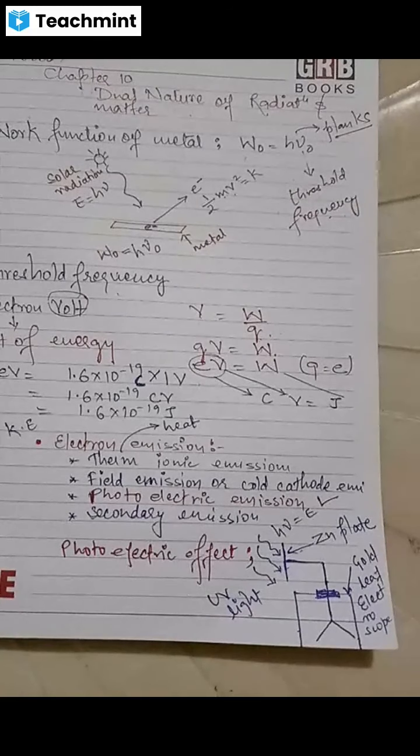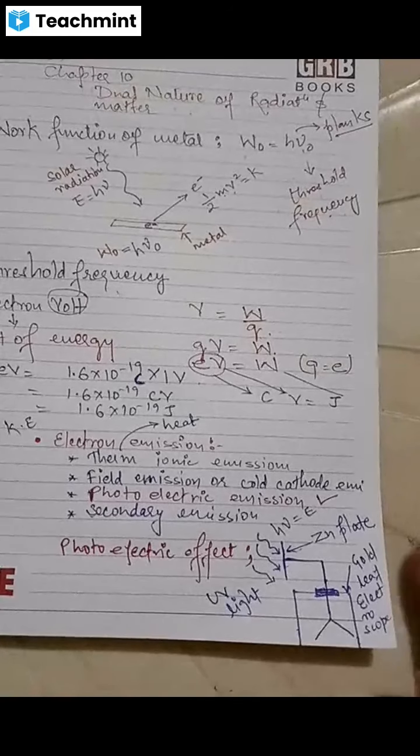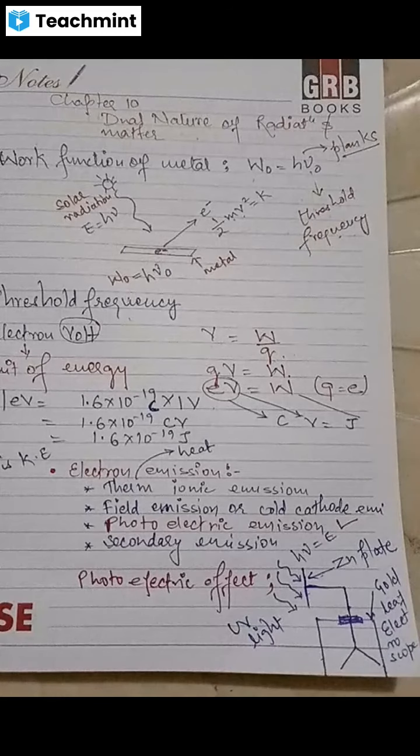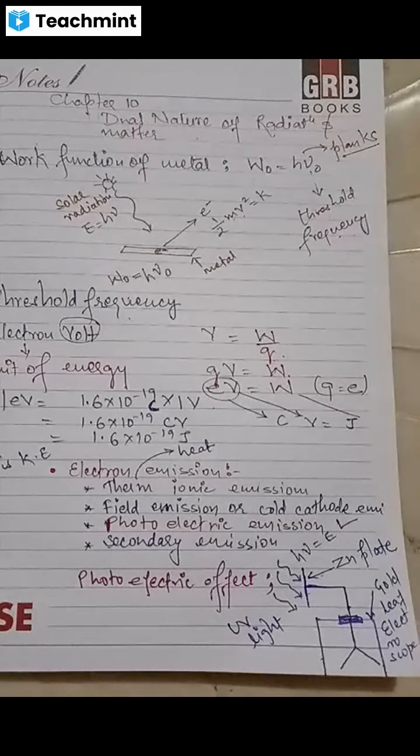So let us write down the definition of it. The phenomenon of emission of electrons from a metal surface when electromagnetic radiation of suitable frequency is incident on it is called the photoelectric effect.